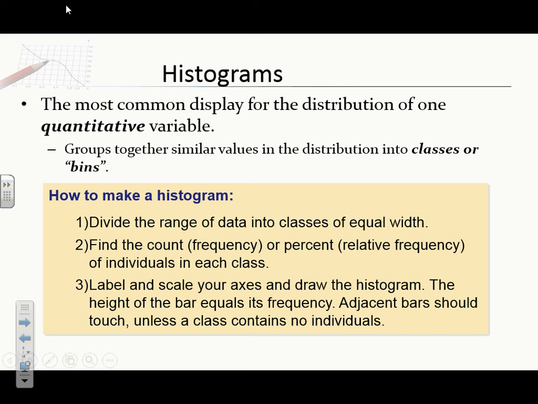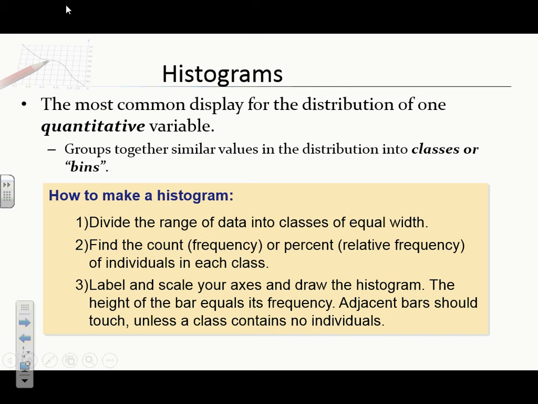The last thing then is just to draw your histogram. So draw your axes, scale the axes accordingly, so make the x-axis range from your minimum value to your maximum value. Scale your y-axis so that it accounts for the highest number of counts within a specific class.